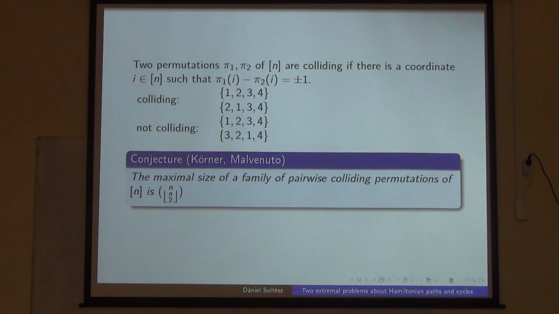They asked it in a little bit more specific manner. They conjecture that this maximum is just the middle binomial coefficient. So the maximum number of pairwise colliding permutations, they conjecture, and I would also conjecture, is the middle binomial coefficient.